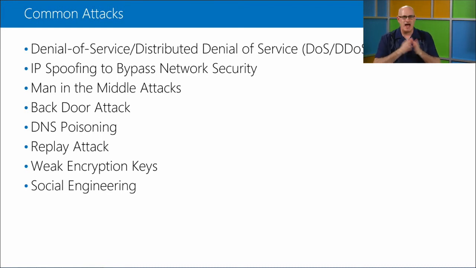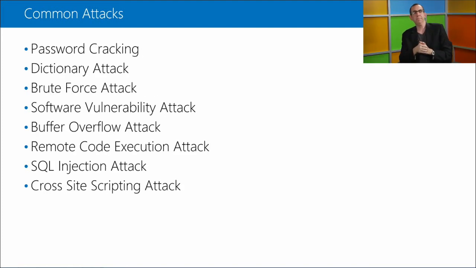Replay attacks, so after a certain set of data has been sent, basically resending it multiple times. Weak encryption keys, so breaking encryption, or social engineering, which we talked about earlier. That one should be at the top, still my favorite.